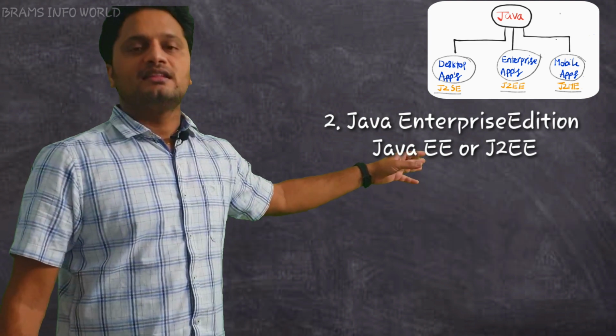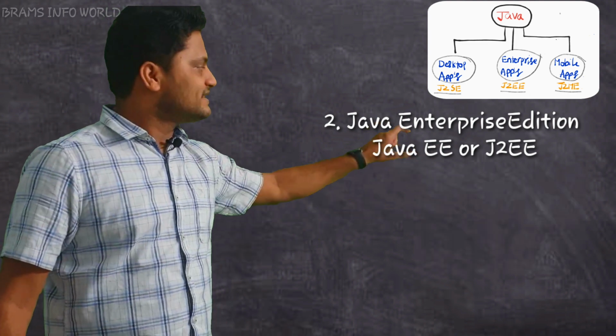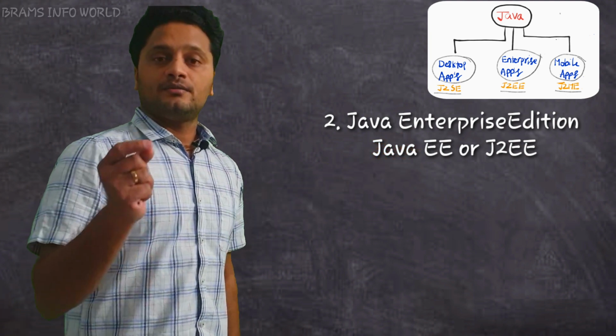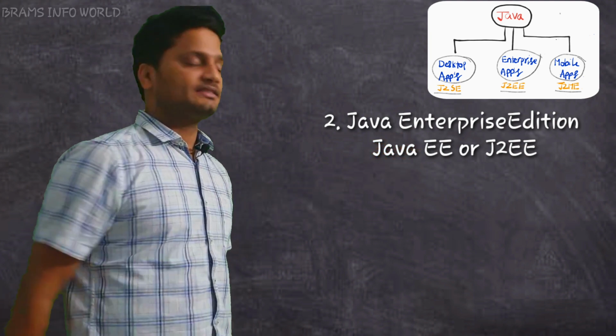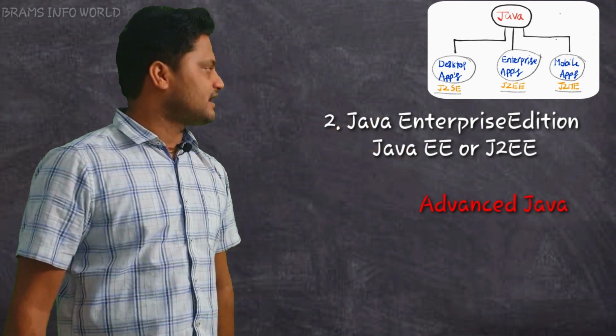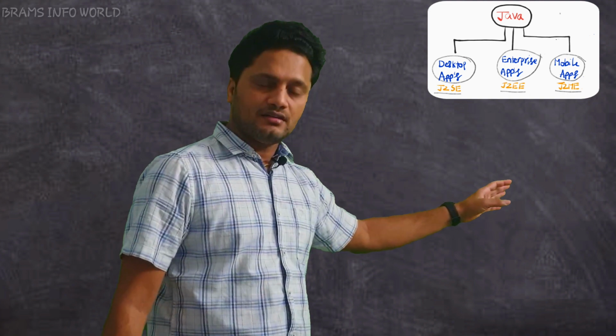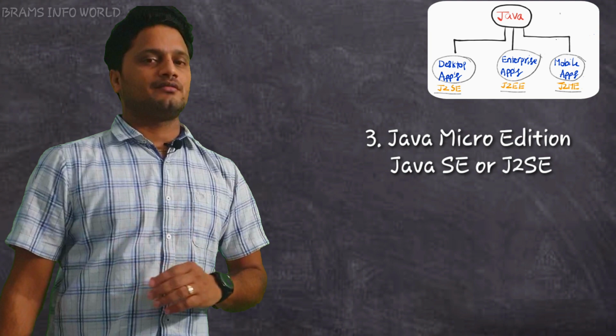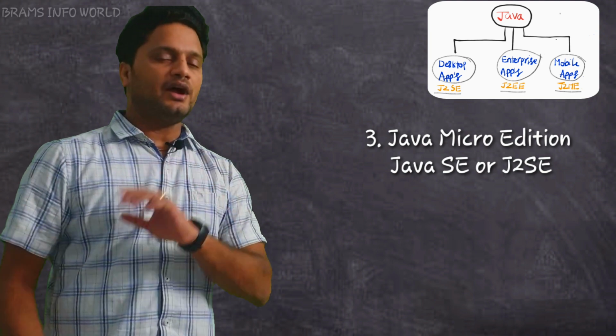Everything comes under this second category. Basically, this Java Enterprise Edition we can call advanced Java, and the third category comes under Java Mobile Edition or Java Micro Edition.